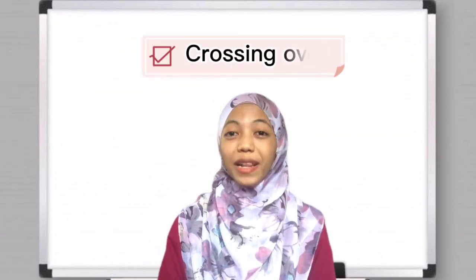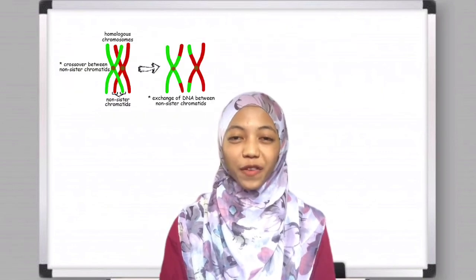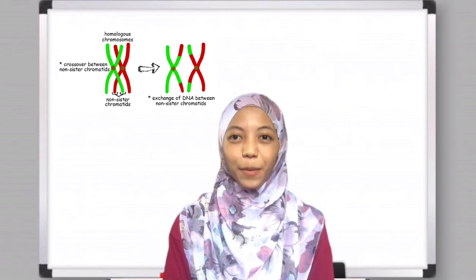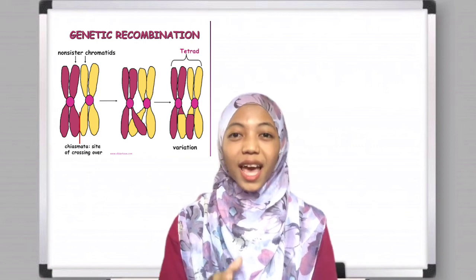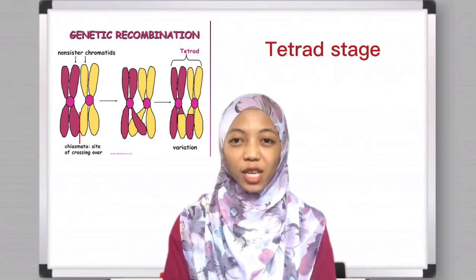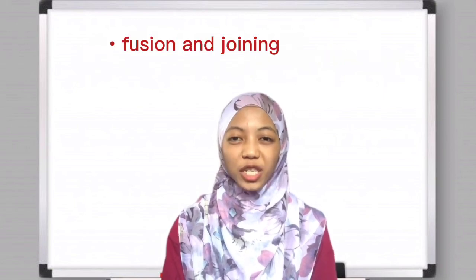Finally, we will learn about crossing over, or recombination. Crossing over is the exchange of segments between the non-sister chromatids of homologous chromosomes in meiosis. The crossover occurs at the tetrad stage. Crossing over can be divided into three major steps: 1, breakage of the chromatid segments, 2, their transposition, and 3, fusion or joining.